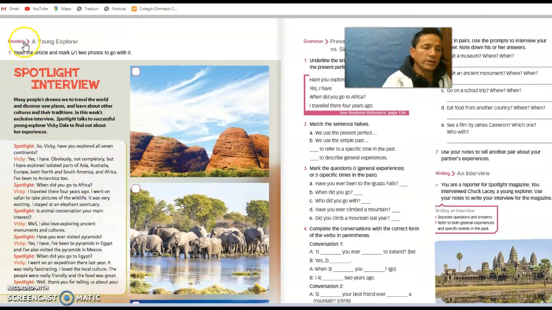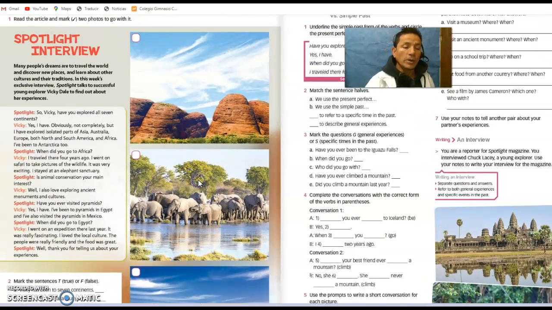So reading, John explore. Read the article and mark, tick two photos to go with it. I mean, two pictures you think they will go. But before this, I just want to say that in reading class, you're going to do four activities.